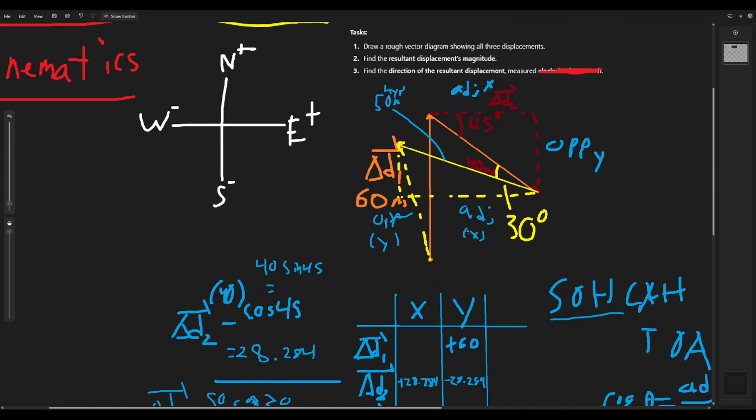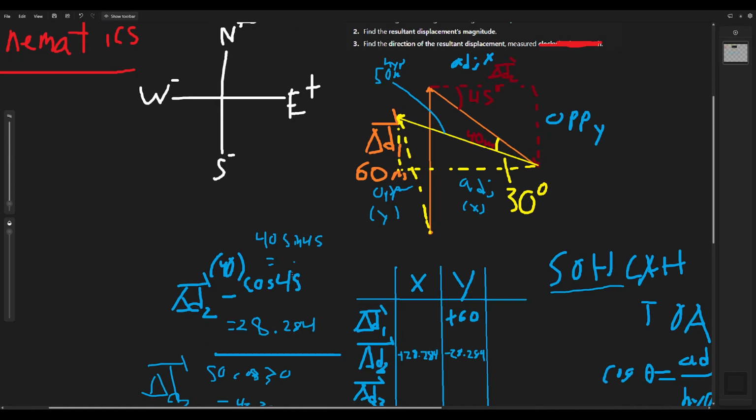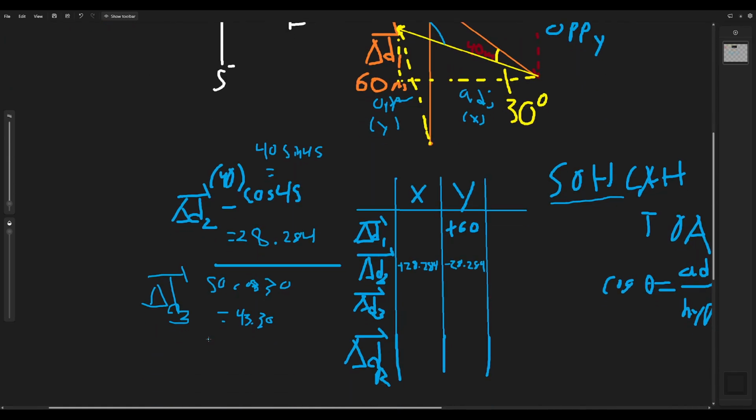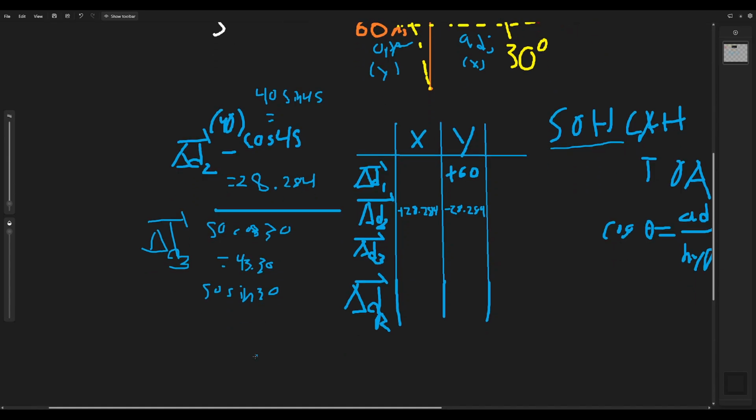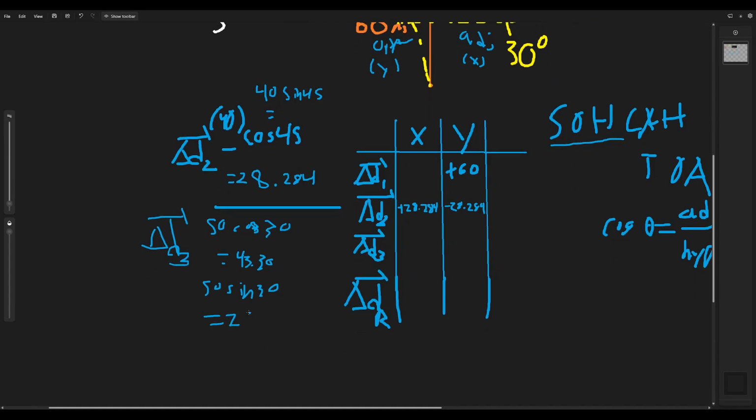Sine theta equals opposite over hypotenuse, so our opposite will be hypotenuse times sine of the angle. Angle is 30. So we do 50 sine 30. That gives me perfectly 25.